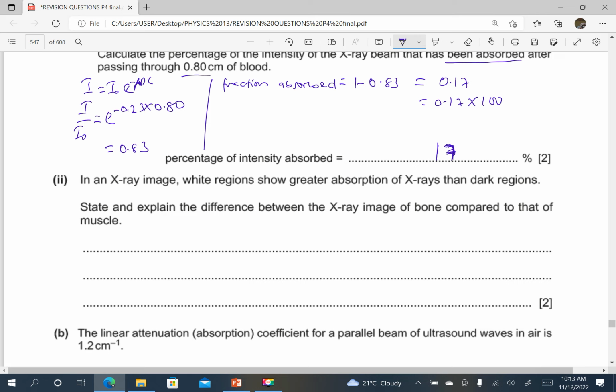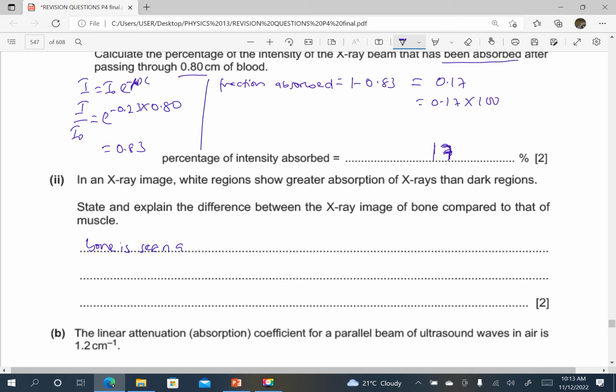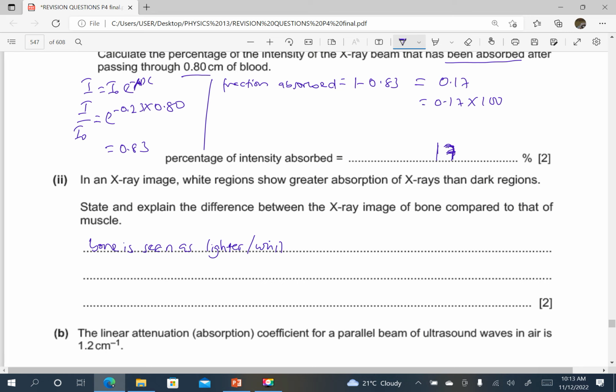So we shall simply say bone is seen as lighter or white, and muscle appears darker.